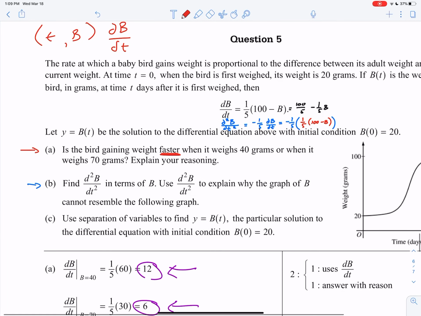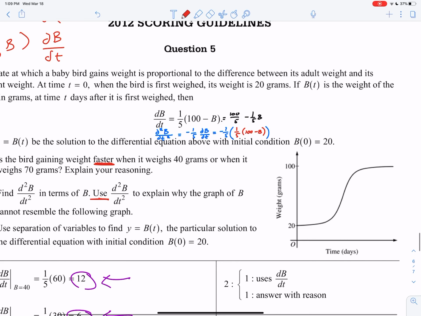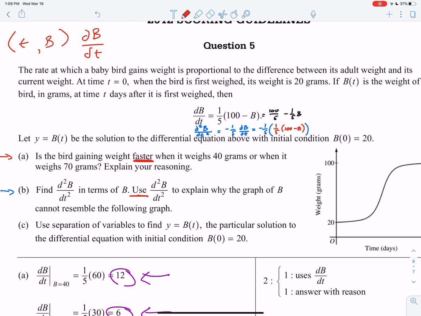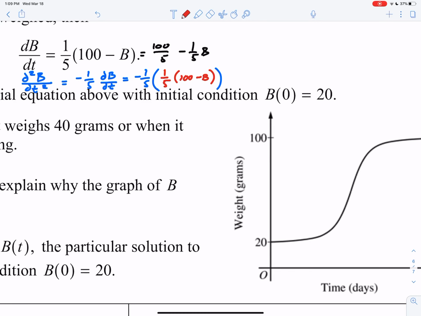They're asking you to use that second derivative to explain why the graph of b cannot resemble this graph. So there's a reason why they're asking you to find the second derivative. Remember that when you get to that moment, you're talking about concavity, okay? So if you notice this graph here, the weight starts at 20 and it ends at 100.